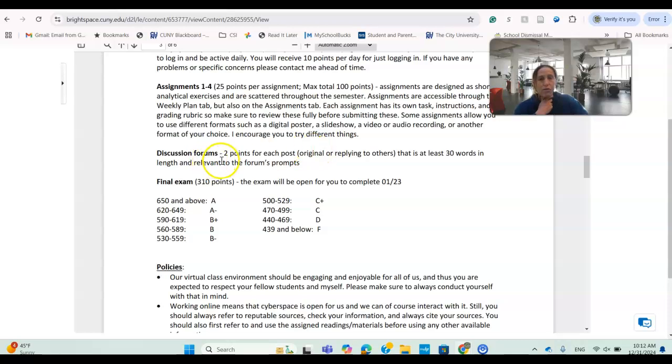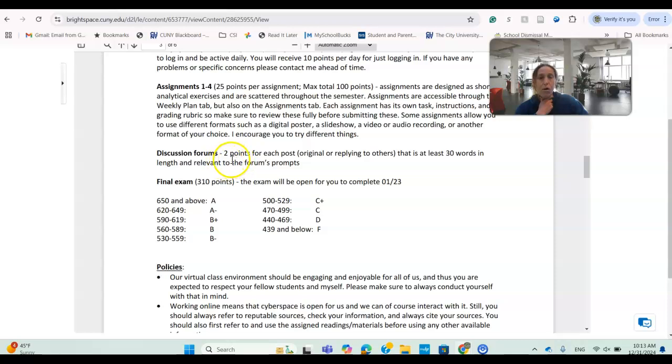The discussion forums is where all the interactive action happens, where you are interacting with me and with each other. And here, the system allows you to accumulate points. So before we get deep into the semester and people start asking about extra credit, this is your extra credit. All you have to do is post regularly and post more than the minimum required, and you will earn more points.